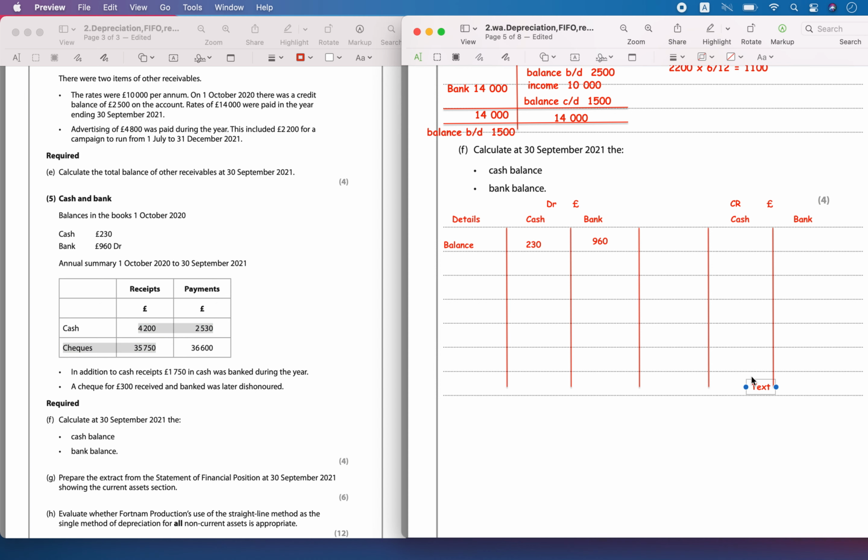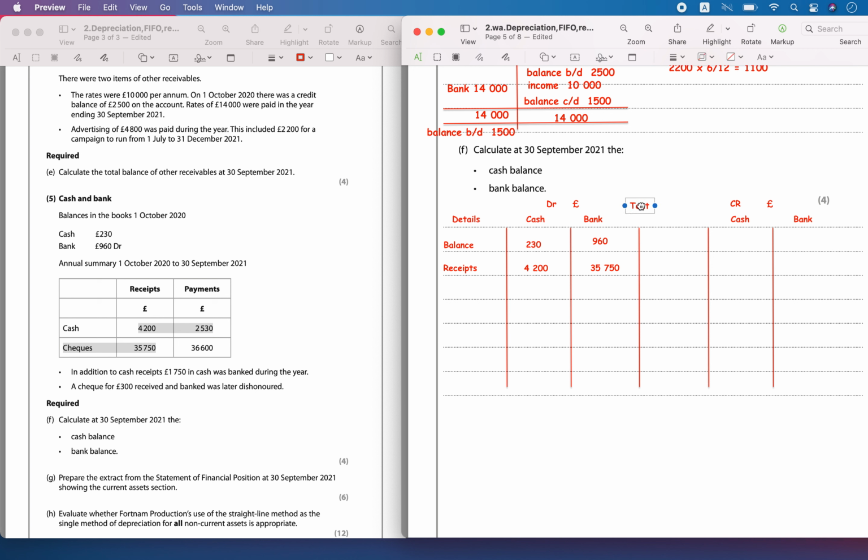So let's write the receipts that came into the bank. The receipts that came into the business were 4,200 in cash, and this one is 35,750.